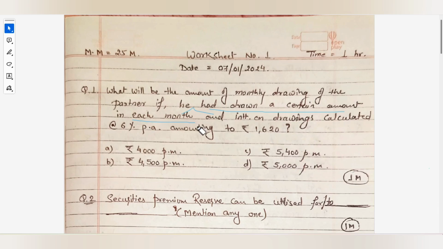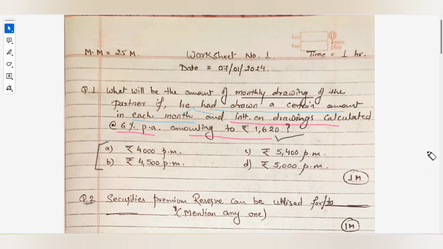So in the absence of any further information, we have to assume the middle of every month. And interest on drawings is calculated at the rate of 6% per annum, amounting to rupees 1620. So interest is already given, that is 1620. We have to calculate the amount of monthly drawing of the partner, and four options are available.